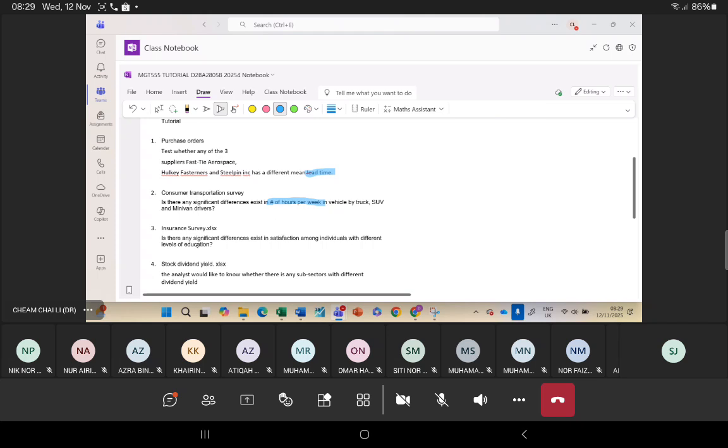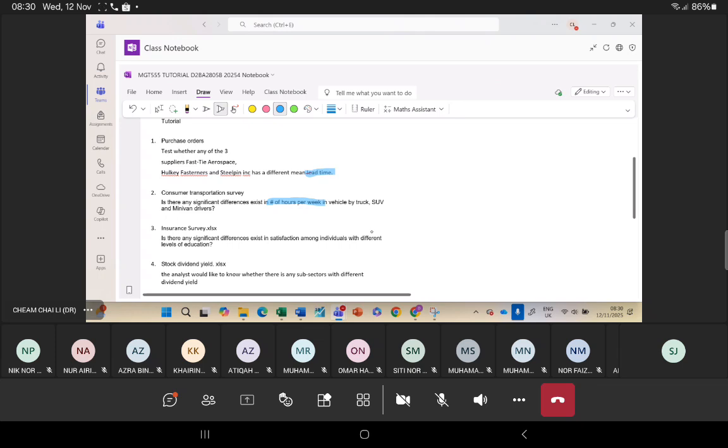Okay, insurance survey. Is there any significant difference in satisfaction among individuals with different level of education? So different level of education, you see di sini education tu dia ada dalam level saja, right? Either you have the college degree, university degree, and so on and so forth.